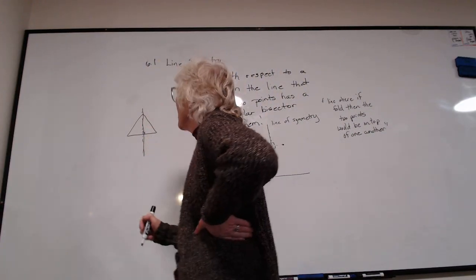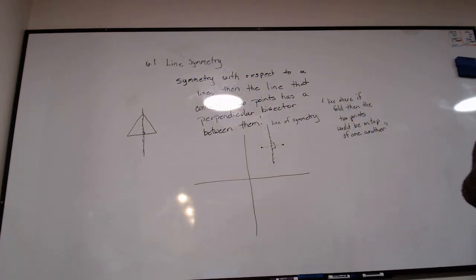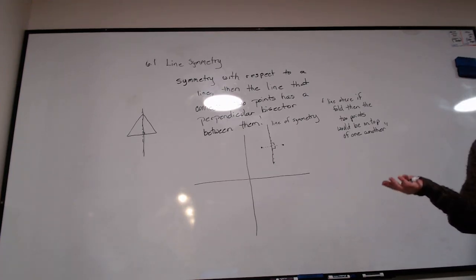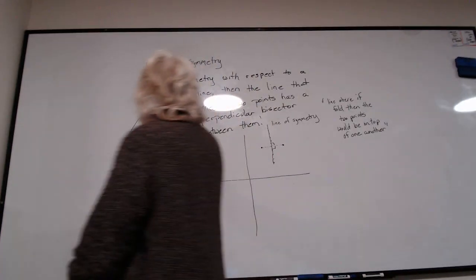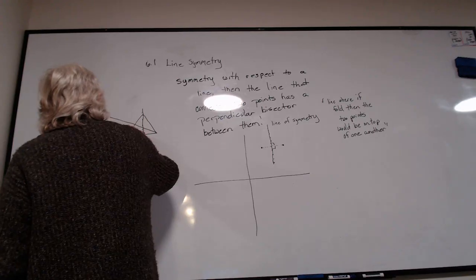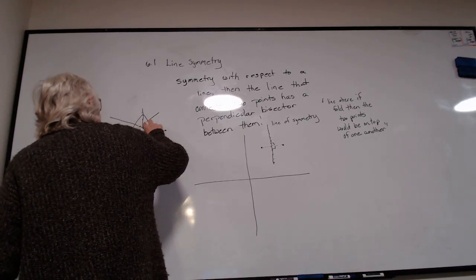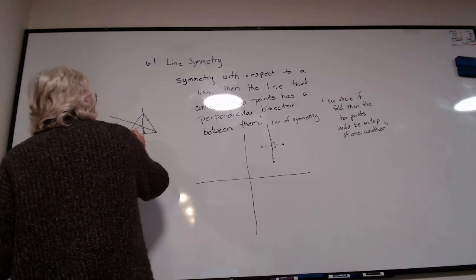Is there another way we could do that? Is there any other lines of symmetry? Yeah, any of the other angles. We could flip it around and do any of the other angles, right? So I could do this angle here. That's a line of symmetry, and I could do this angle. Whoops, that wasn't very good. I didn't bisect.